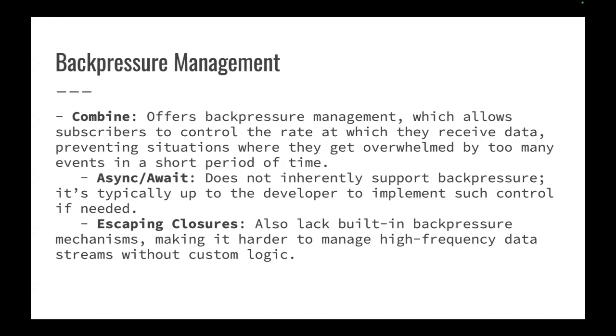Combine offers back pressure management and allows subscribers to control the rate at which they receive data, preventing situations where they get overwhelmed by too many events in a short period of time. Async await does not inherently support back pressure. It's typically up to the developer to implement such control if needed, and escaping closures also lack built-in back pressure mechanisms.